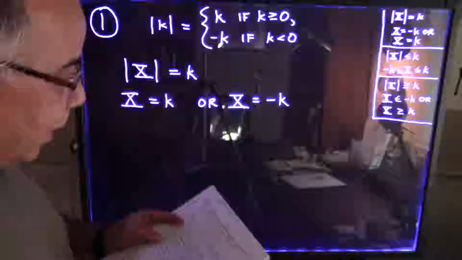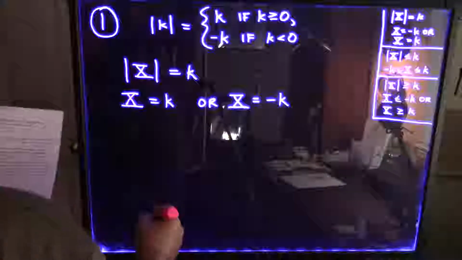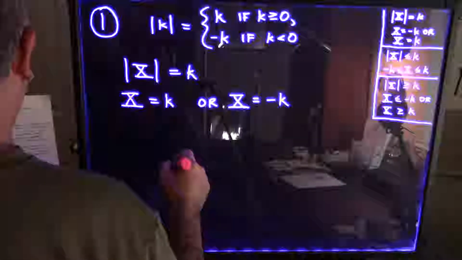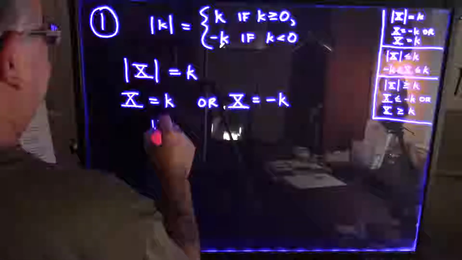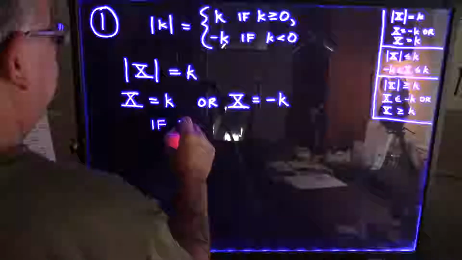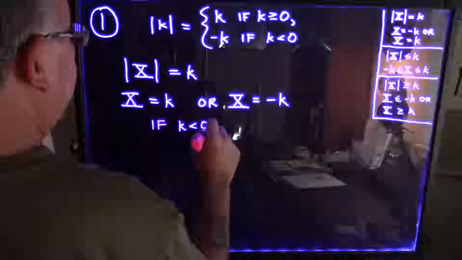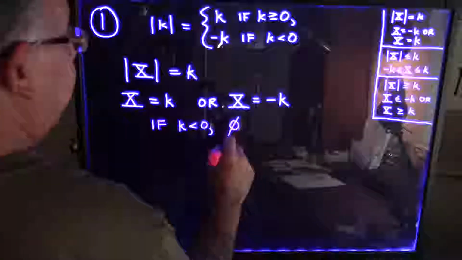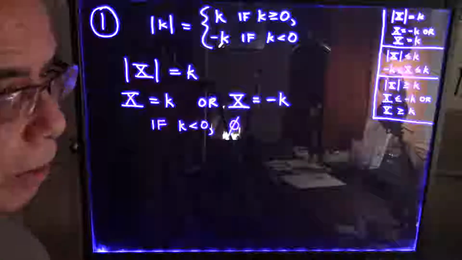Now there's one instance. If k is less than 0, there is no solution. That symbol represents no solution, or the null set.